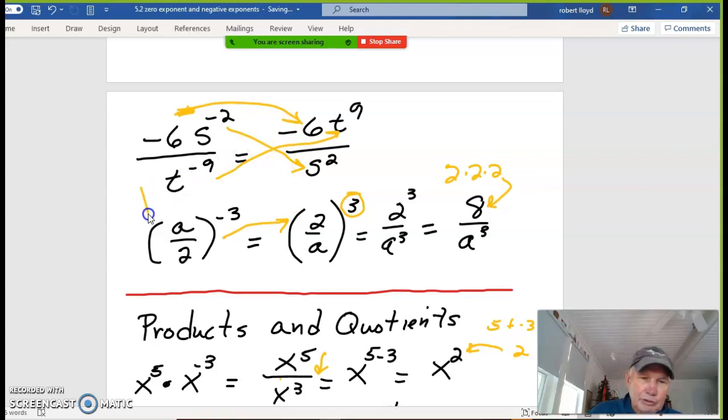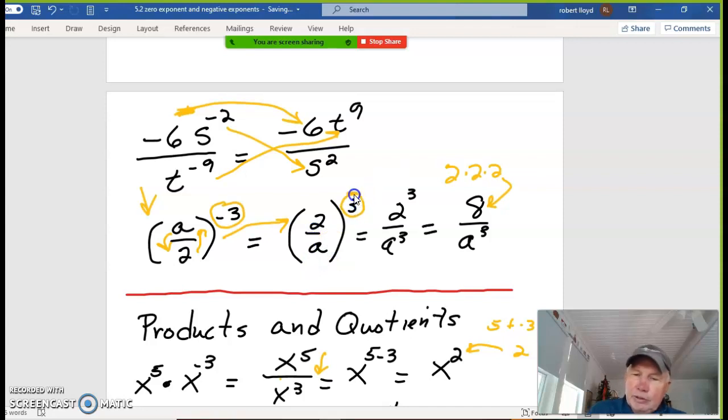A little bit different situation here where we have a fraction and we have a negative exponent. So in this case, we invert the fraction and the exponent becomes positive. So we change the position of the a and the 2. Instead of a divided by 2, it's 2 divided by a.